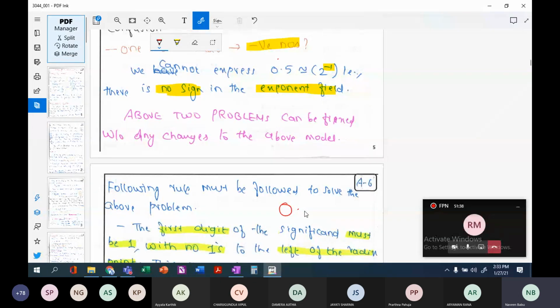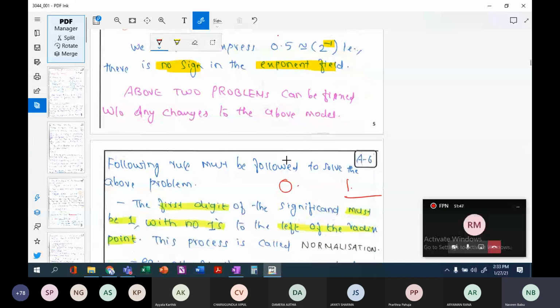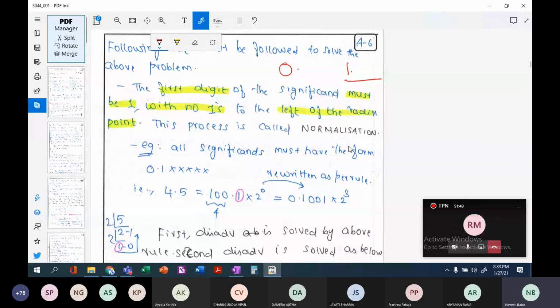Instead, I create a rule such that the number will always be represented as 1 point something. Let us see how it makes a difference. Now, the first digit of the significand must be 1, with no ones to the left of the radix point. Let us see how to implement that.